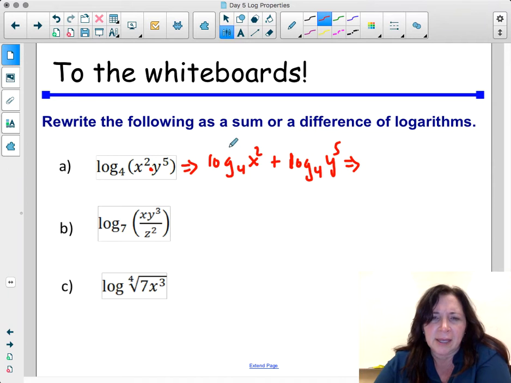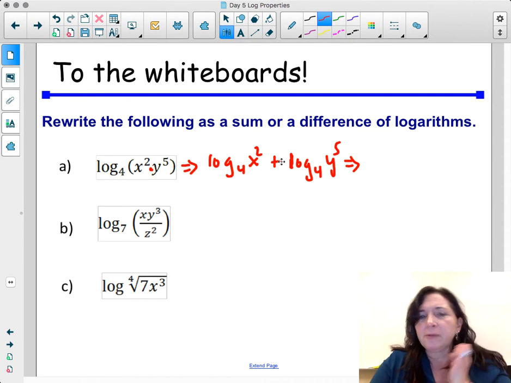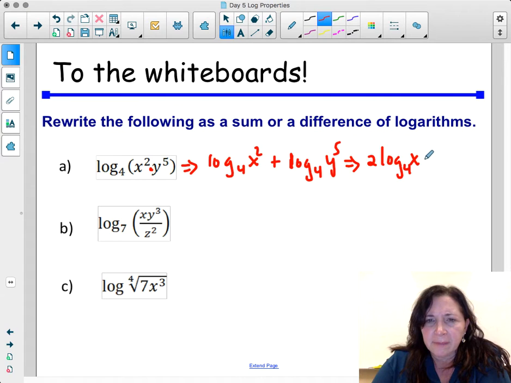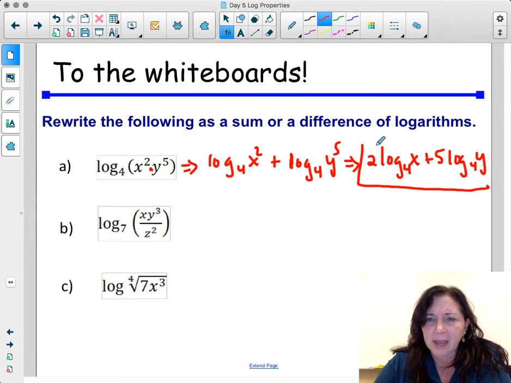But really, I can bring this 2 out front using the power rule, and now I have 2 log base 4 of x plus 5 log base 4 of y. And that's my answer. And I can't simplify those any further.